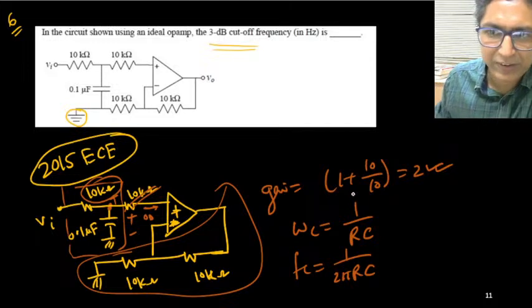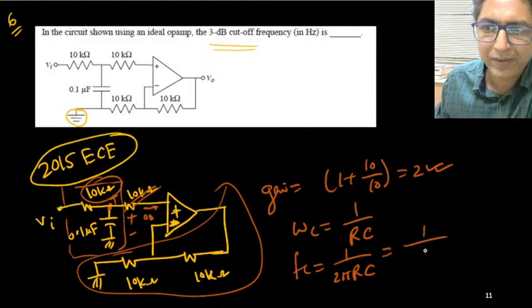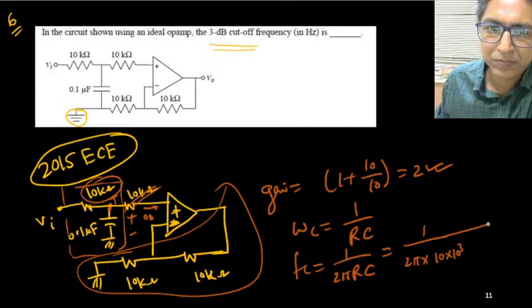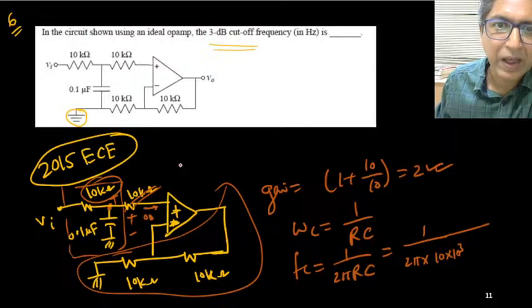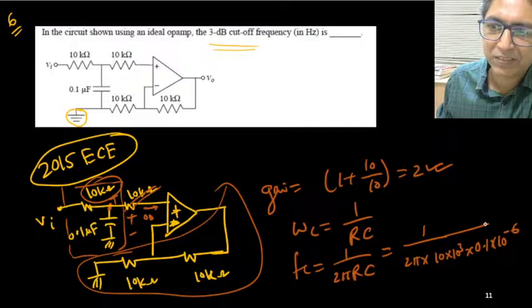I hope you can calculate it. So this is 1 over 2 pi, R is your 10 into 10 to the power 3, this is 10 kilo ohm, and C is 0.1 microfarad, 10 to the power minus 6.